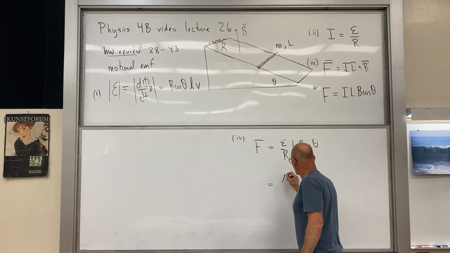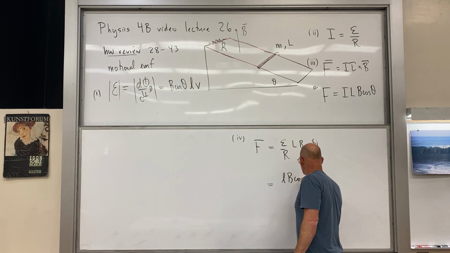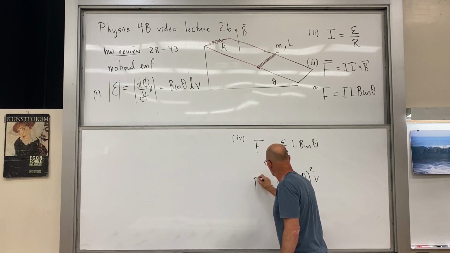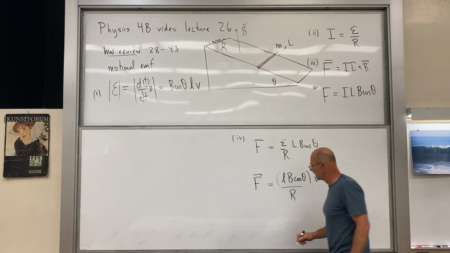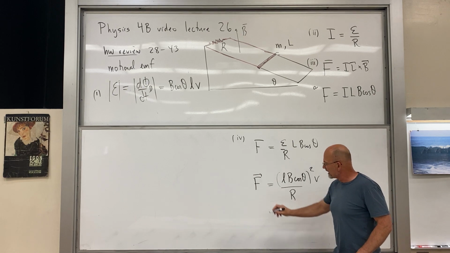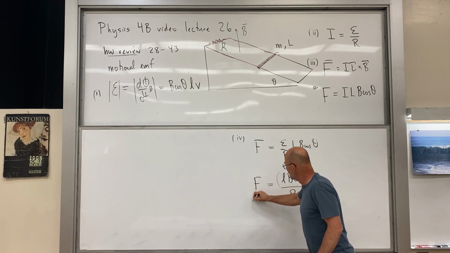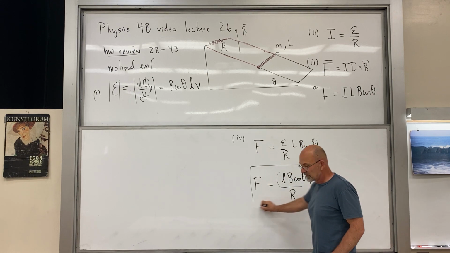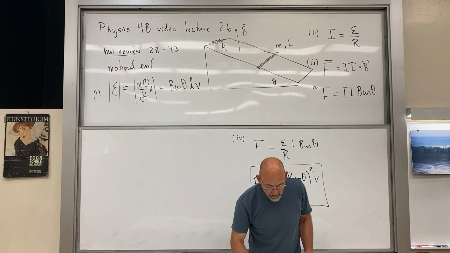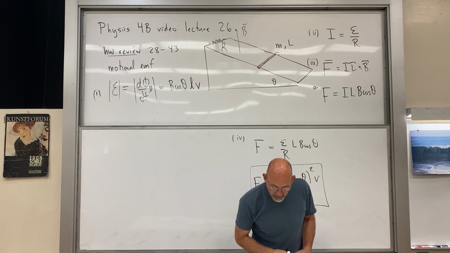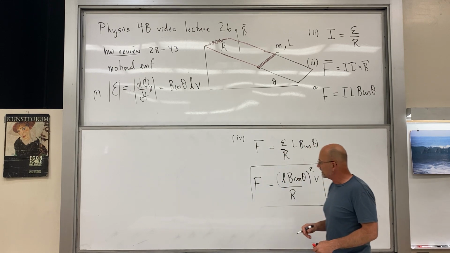So we end up with F equals (L B cos theta) squared v divided by R. I'm pretty sure that's what the answer is. No vector here. Is that right? Yeah, (L B cos theta) all squared v over R.